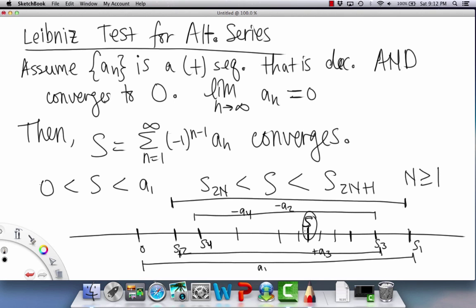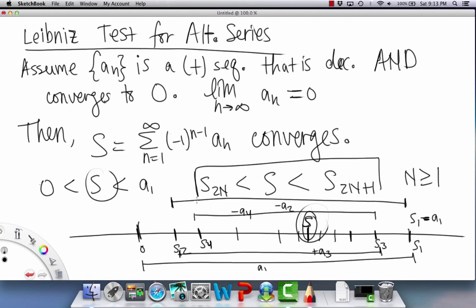What these statements are saying, we can see that they're true on the number line, right? So our S, which I've highlighted here, is in between 0 and a1, because S1 equals a1, the sum of the first term alone. Let's check the other statement as well.